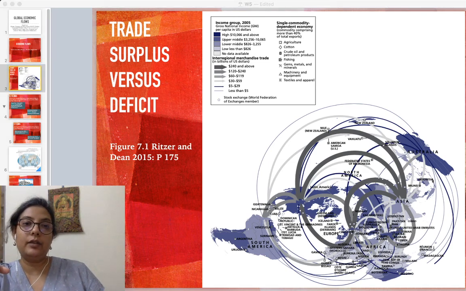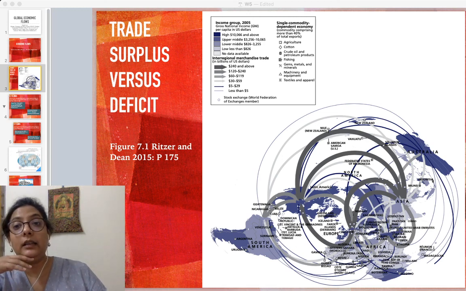In contrast to that, a country with a trade deficit would be one where the amount of exports that they are sending outside of their country is much lower than the amount of imports that they are getting into the country. So it's a majority importer, you can think of it that way. And Ritzer and Dean point to the United States as one such country.